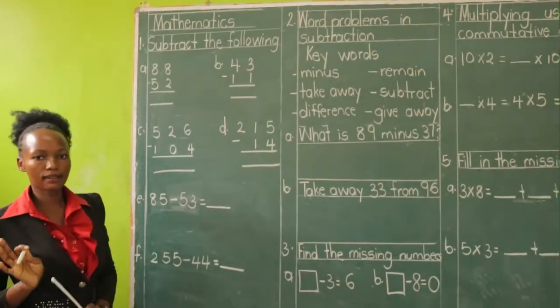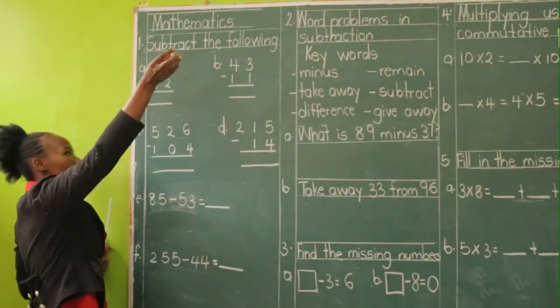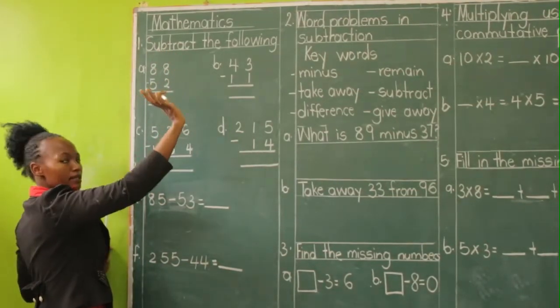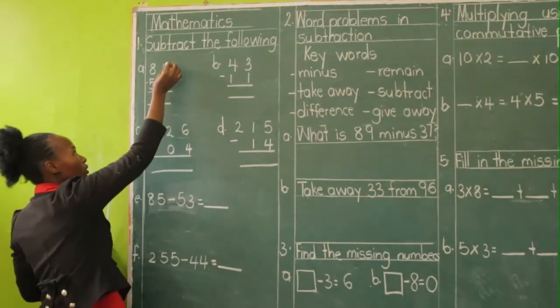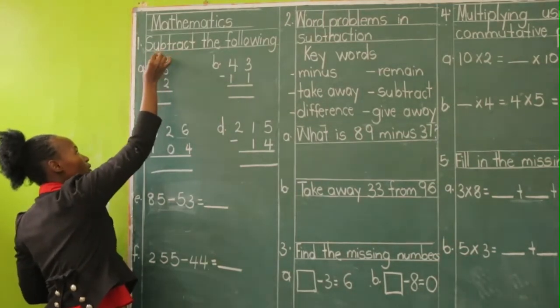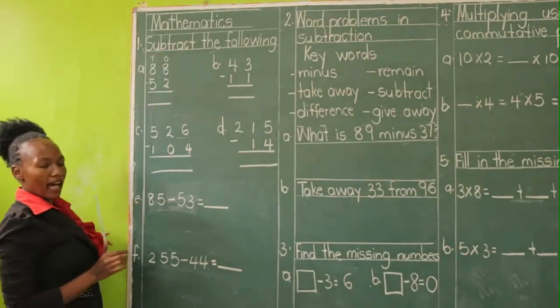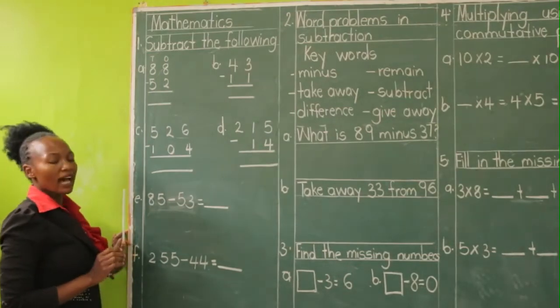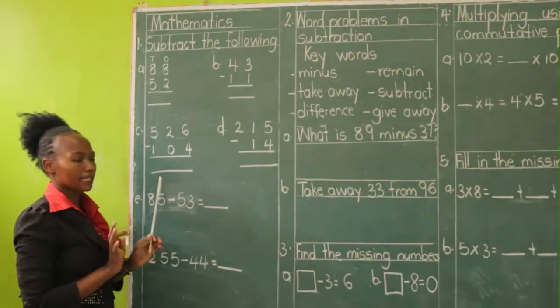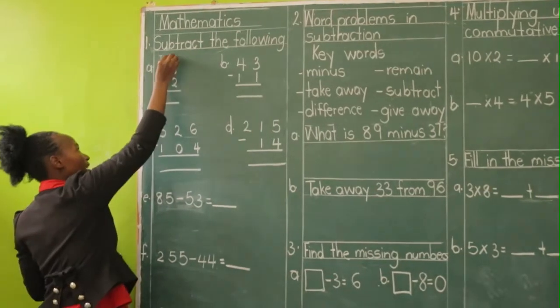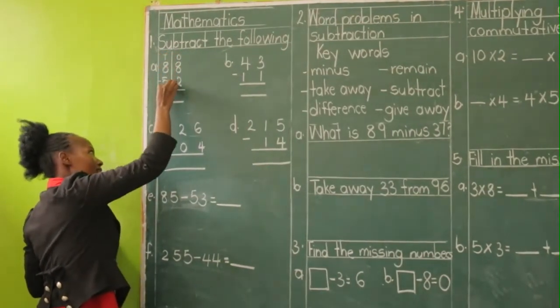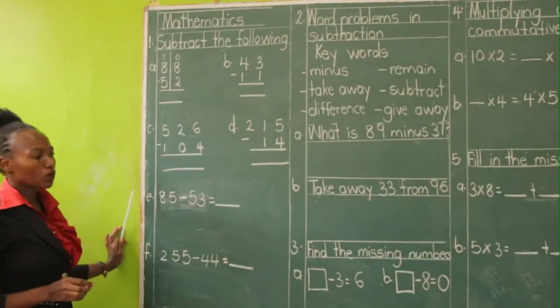We first put the symbols of the place values, and we start from our right hand. The place value there is 1s. Put the symbols 1s, 10s. After doing that, we draw a line in the middle to separate the 10s from the 1s.